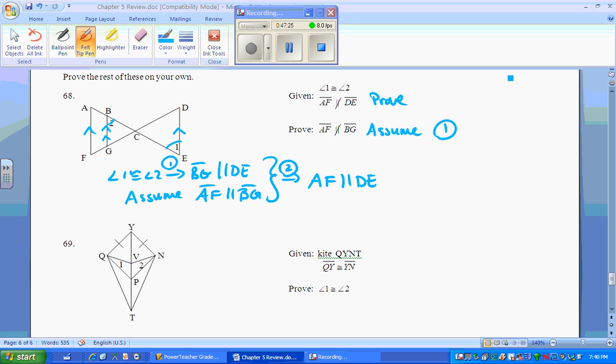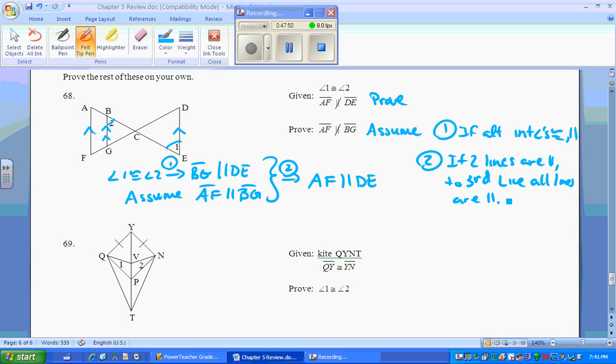Our two reasons: first one was if alternate interior angles are congruent, we get parallel lines. Two is if two lines are parallel to a third line, all lines are parallel.